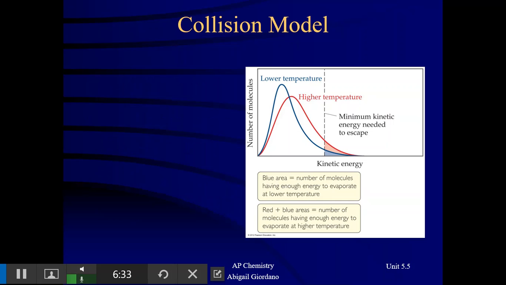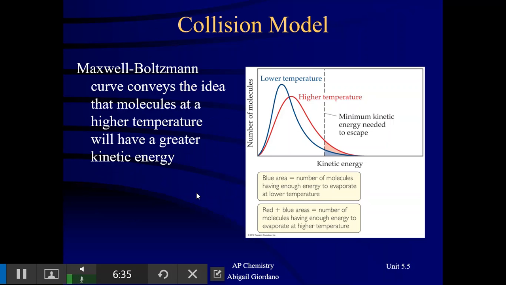There's something called a Maxwell-Boltzmann distribution curve, which you'll see frequently on the AP exam. Let me help you understand what you're seeing here. The blue curve represents a reaction taking place at a lower temperature. The red represents a reaction taking place at a higher temperature.